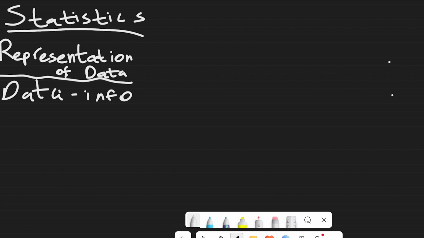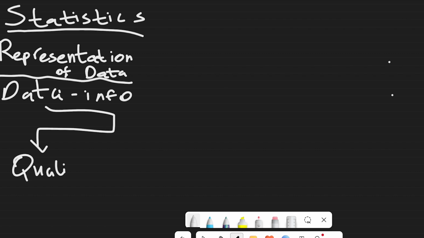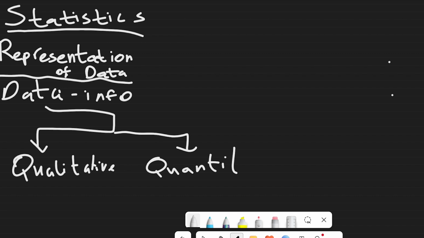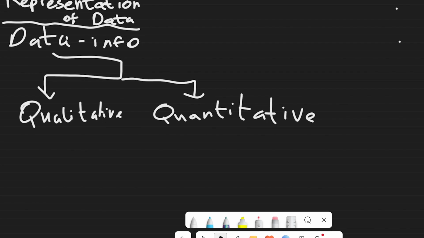And the data can be divided into two main categories: qualitative and then quantitative. We will be dealing with quantitative data for this video.